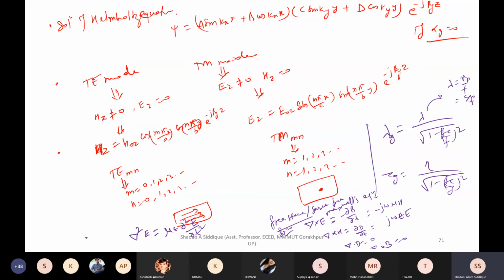Now the question is, to derive this wave equation for the electric field, which of the following Maxwell's equations is required? I hope you understand the question.